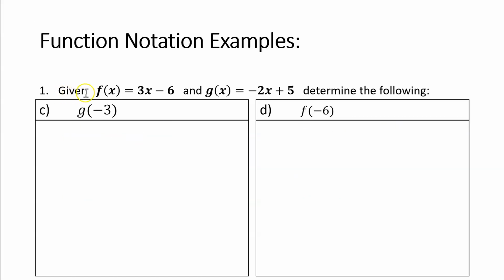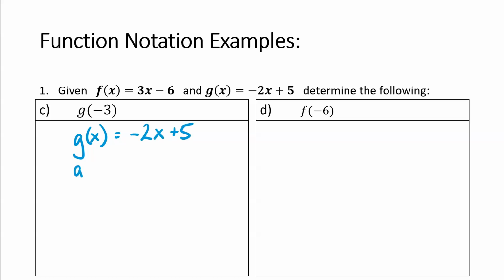In the next two examples, we're still dealing with the same functions. f of x equals 3x minus 6, and g of x equals negative 2x plus 5. We're asked now, what is g when x is negative 3, and what is f when x is negative 6? So again, we can just substitute those numbers in for x. So we have g of x equals negative 2x plus 5.